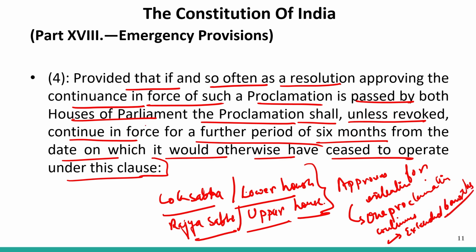Okay. Houses of the Parliament, the proclamation unless revoked continues in force for a further period of 6 months from the date on which it would otherwise have ceased to operate under this clause.